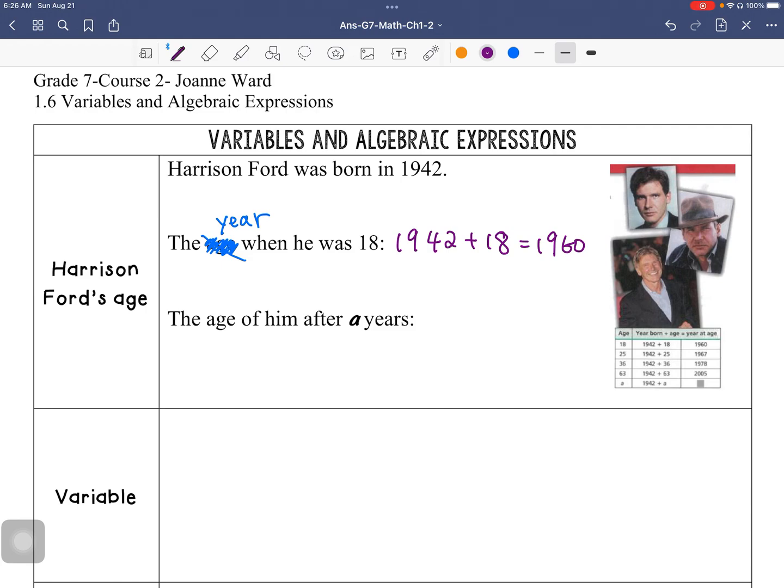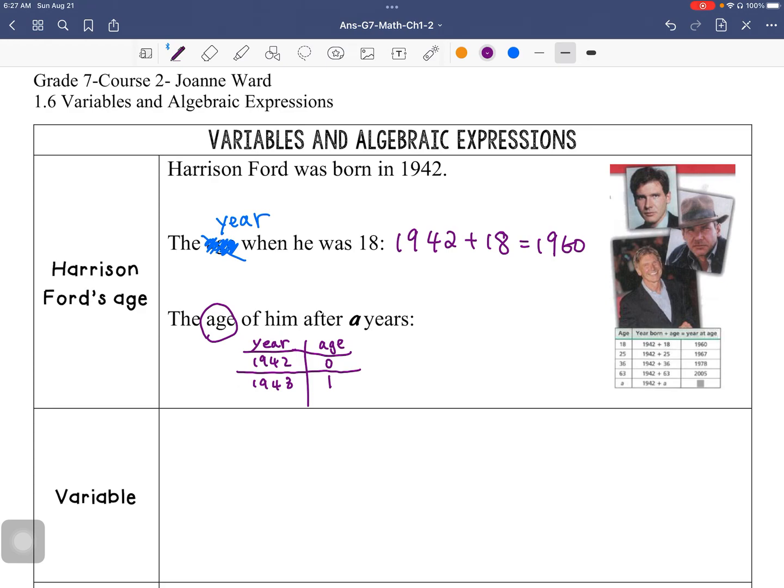Then the second question is the age of him after 8 years. When the year is 1942, his age is 0. When the year is 1943, the age is 1.